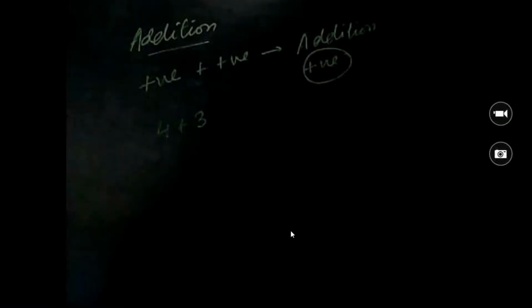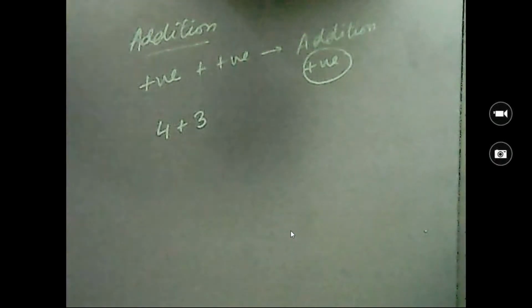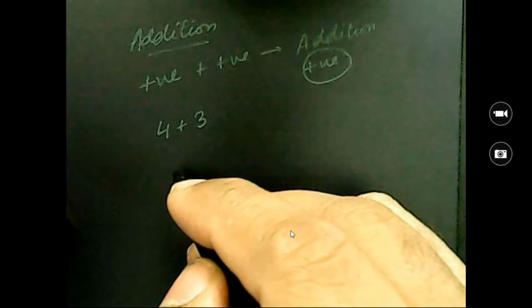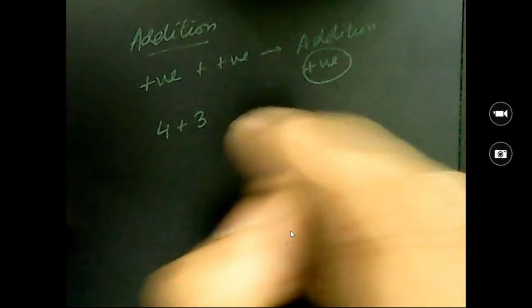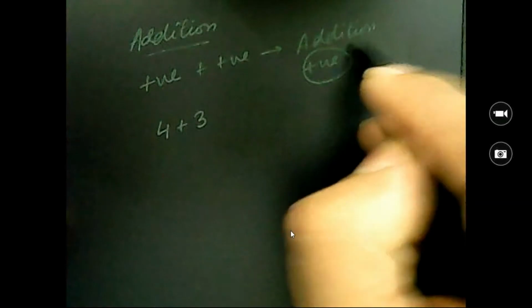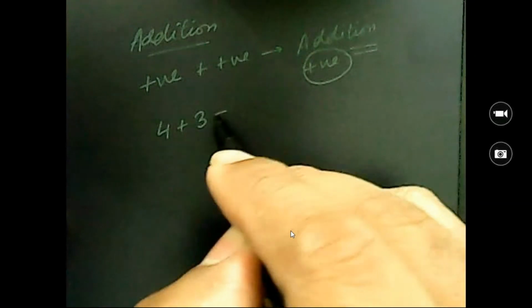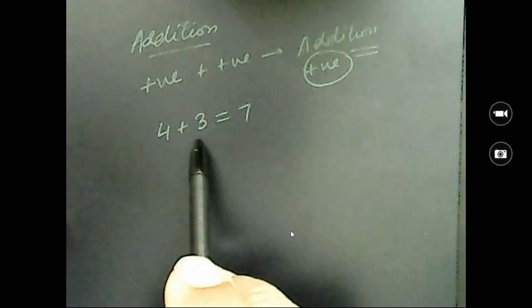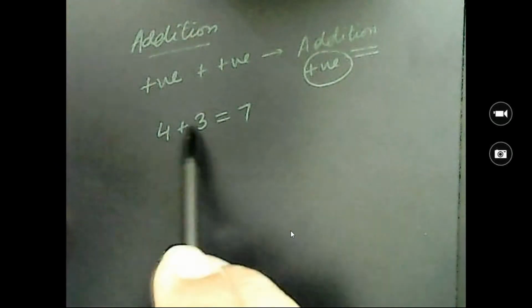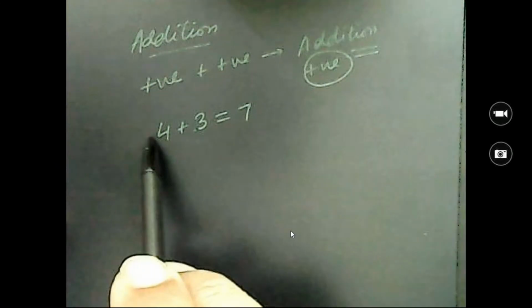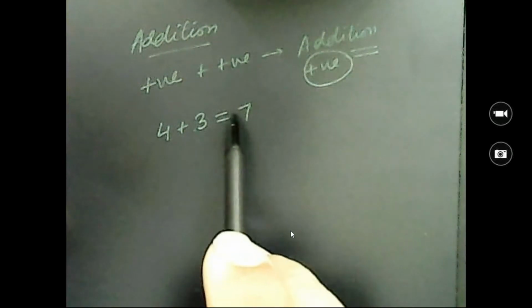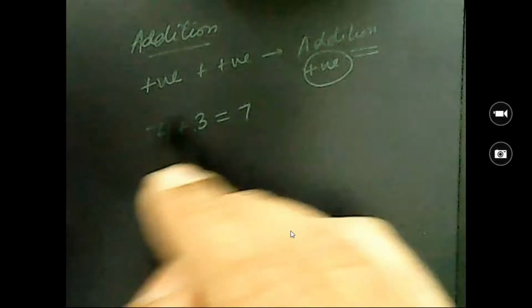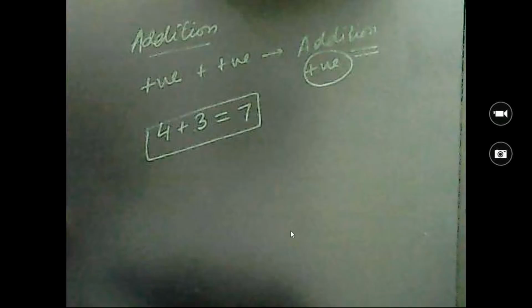So 4 plus 3: both of them are positive, so addition will take place. This will become 7. Out of 4 and 3, 4 is greater, and it has a positive sign, so the sign of the 7 will also be positive.